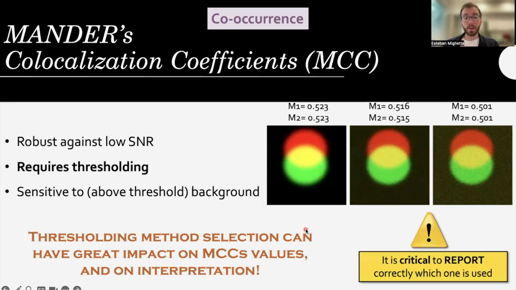So this is one very important take-home message, that which threshold you select can have a really big impact in the value of the MCC and thus on its interpretation.